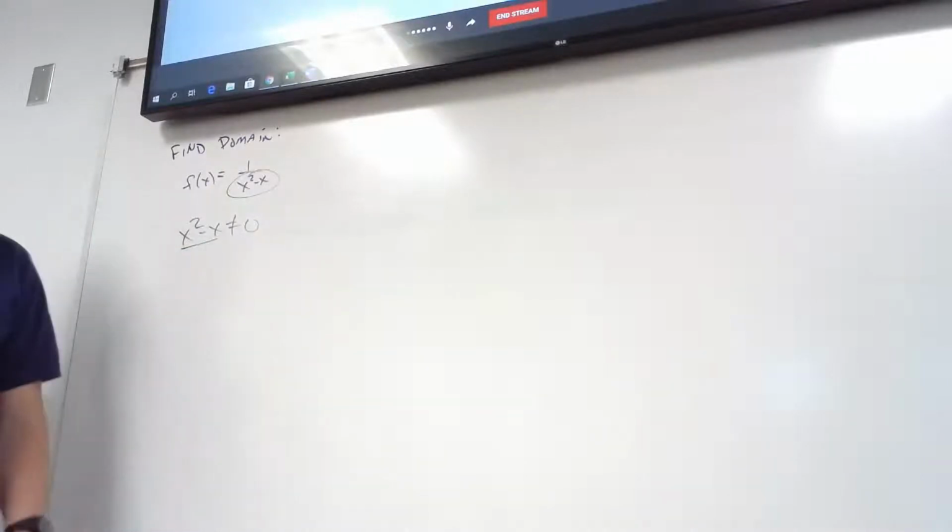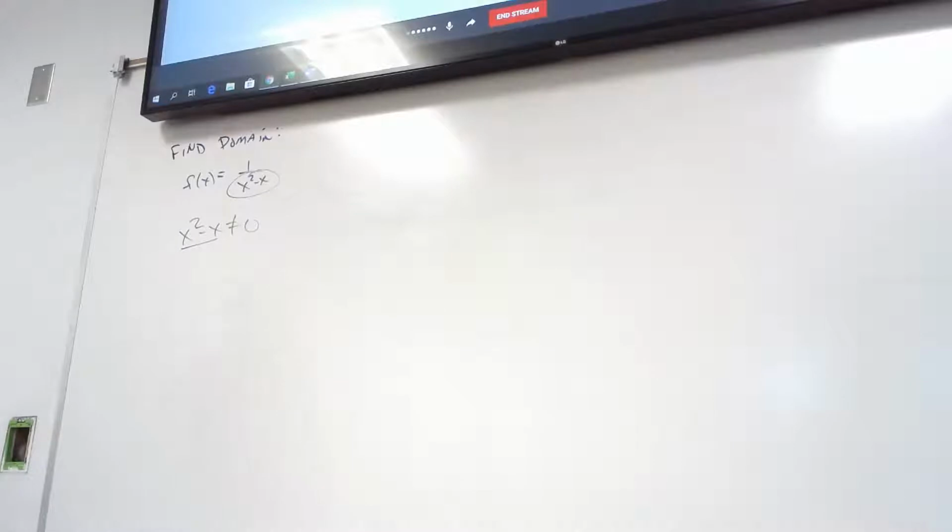Now pretend that's an equal sign for just a moment. Could you solve that? How do you solve it? So we need to use another F word, factor. Okay, we're on the F words today, right?